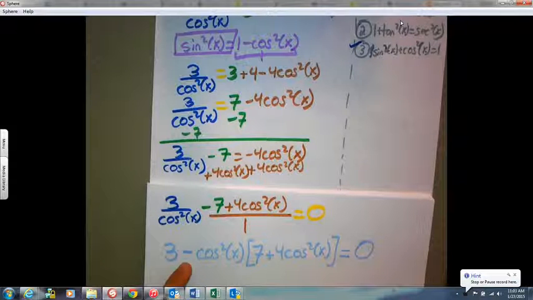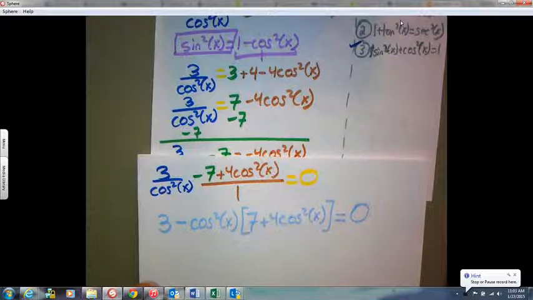I did not keep change flip because keep change flip would have been done if we had this fraction divided by this fraction. We do not have that, right?